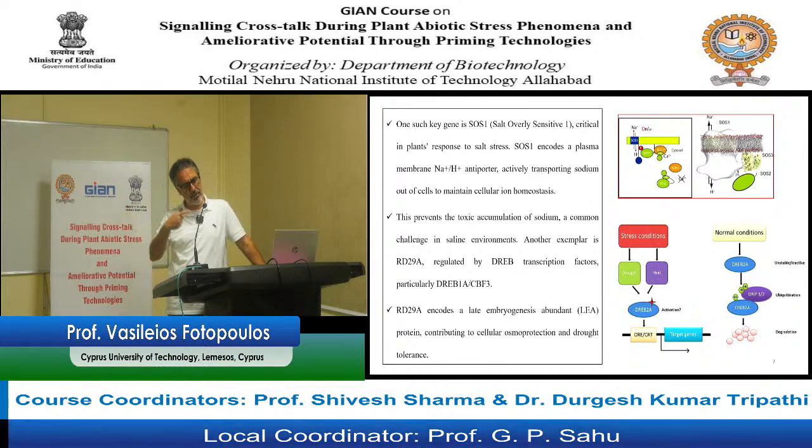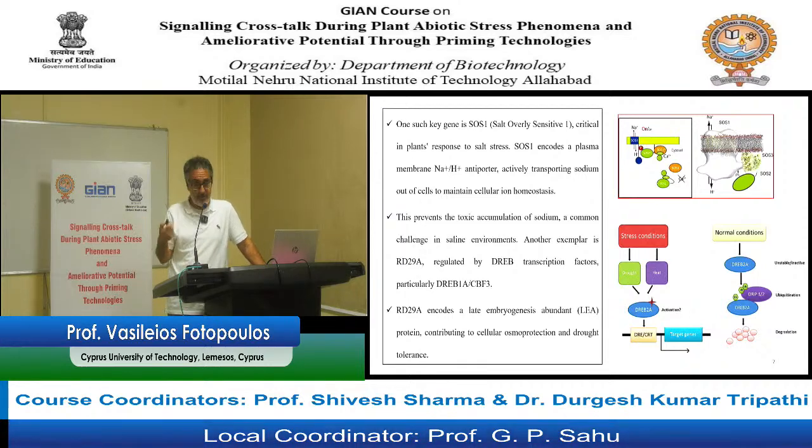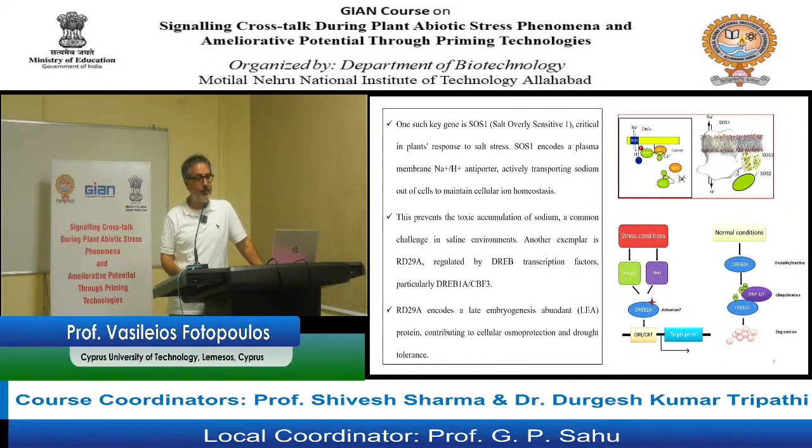DREB, of course, is also linked with arid environments, with water scarcity environments, and this is actually regulated by the specific TF. And RD29A in itself is actually an LEA. It is a late embryogenesis abundant protein that contributes effectively to cellular osmoprotection as well as drought tolerance. And this is why it is implicated in both drought and salt stress responses.